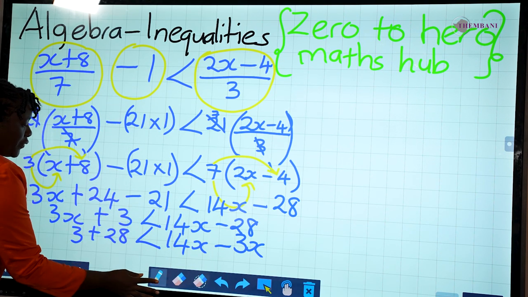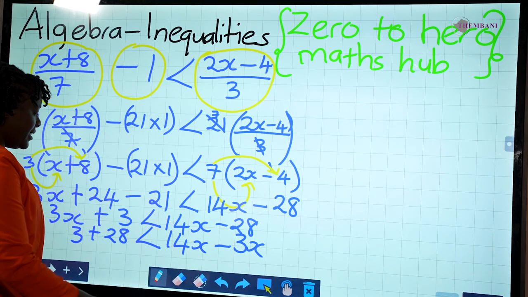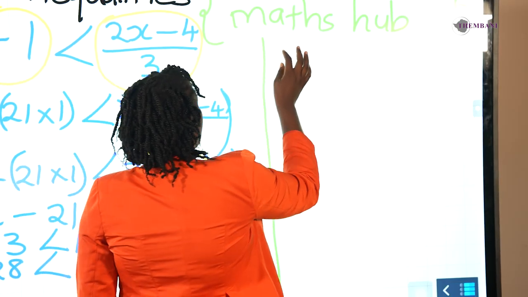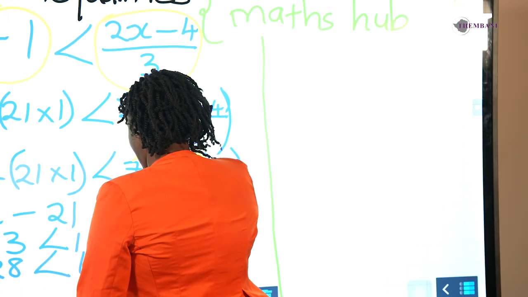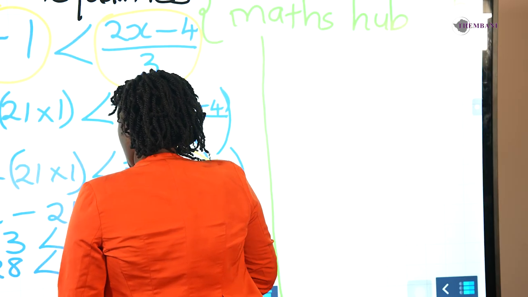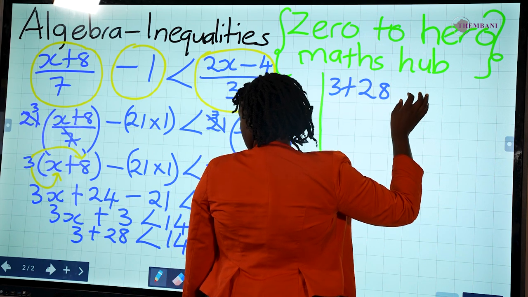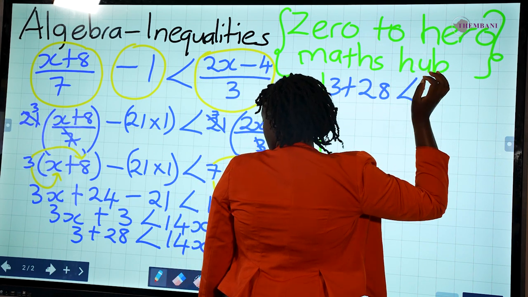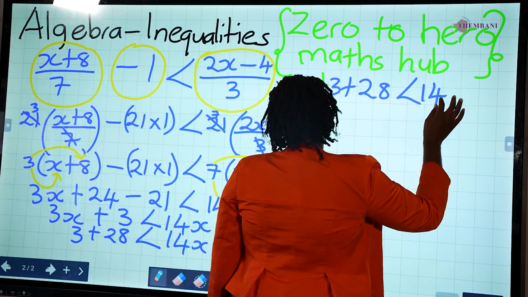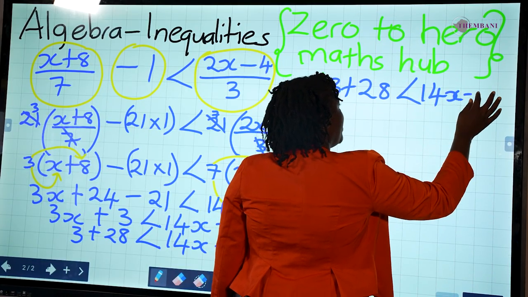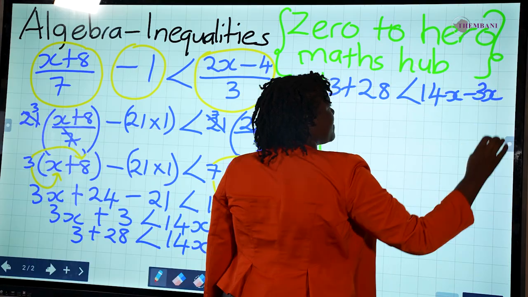I'm again going to move to that board which I'm dividing. So I was at the point where we are saying 3 plus 28 is less than 14x minus 3x.